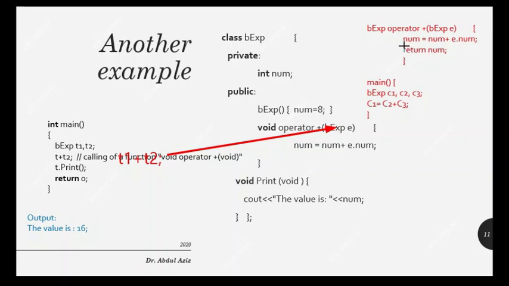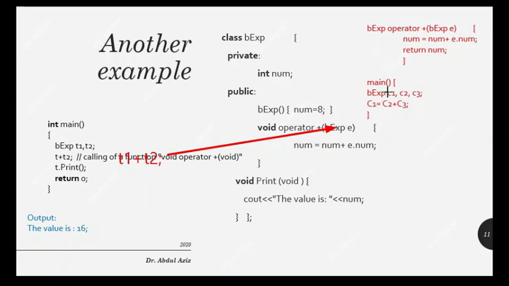But now you can see that the type of num is basically an integer. And what I'm going to return is an object of type B example.